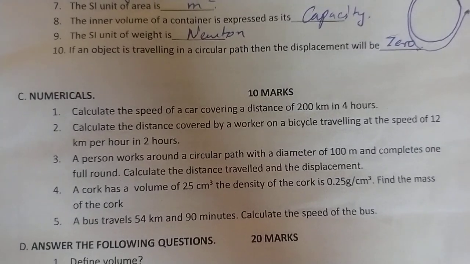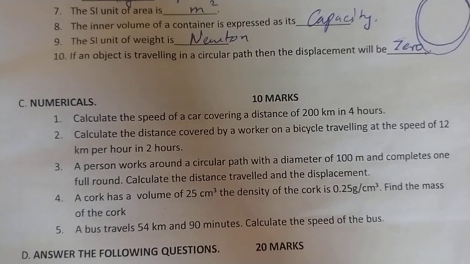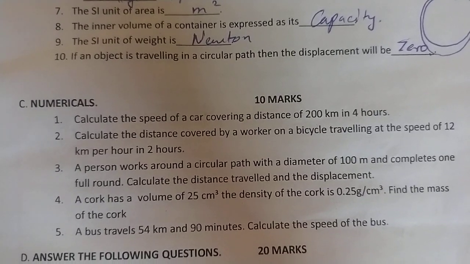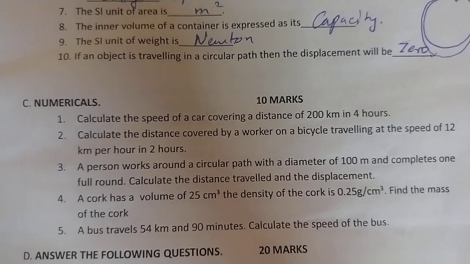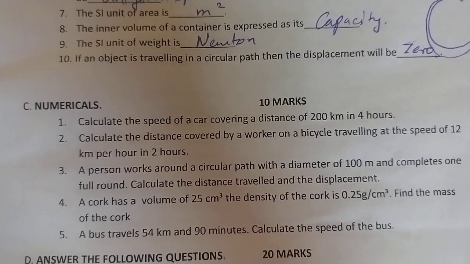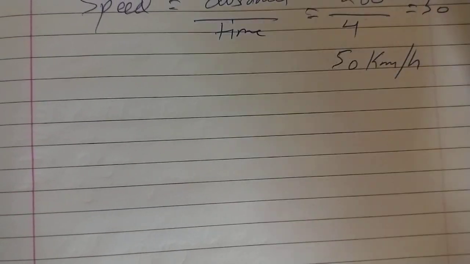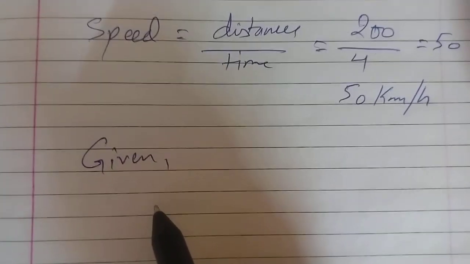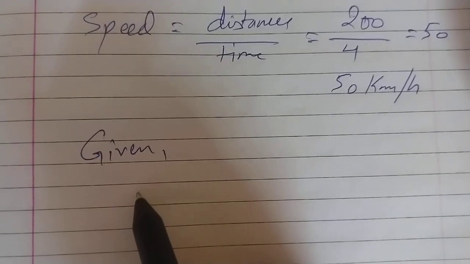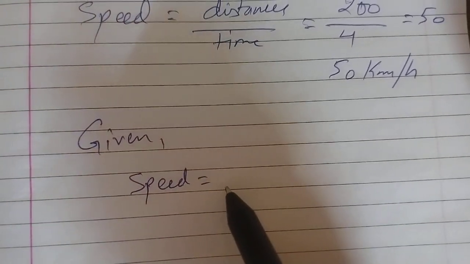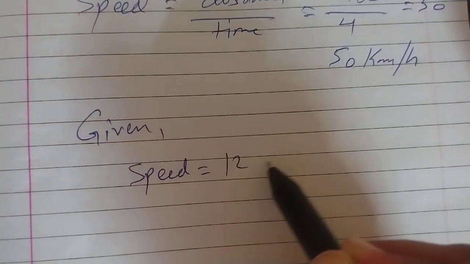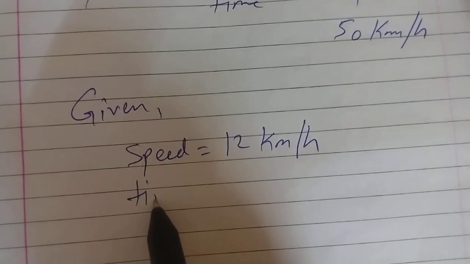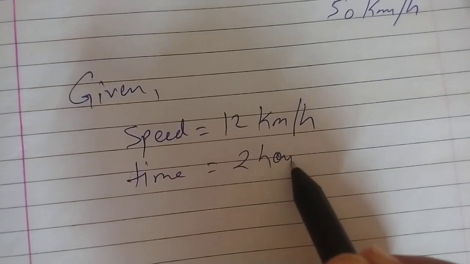After this, we have our second question that says calculate the distance covered by a bicycle traveling at the speed of 12 kilometer per hour in 2 hours. So we'll move to the notebook here. The given values are speed, 12 kilometer per hour, and time, 2 hours.